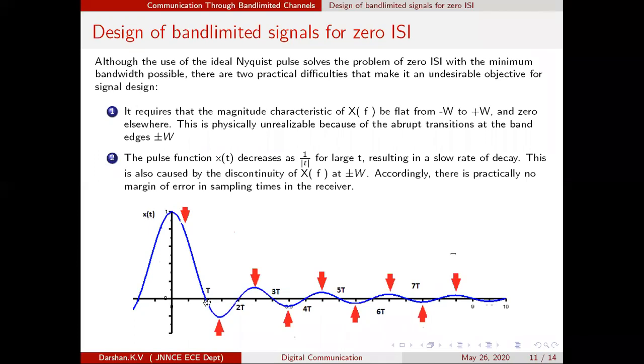The nature of x of t at every sampling instance, at T, 2T, 3T, 4T, at every integer multiple of T, the value should be 0. And we are considering the samples at every T seconds.